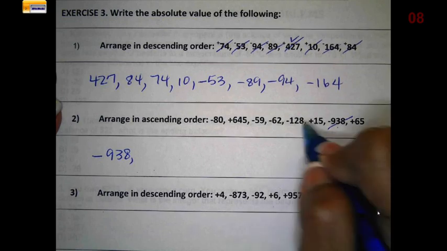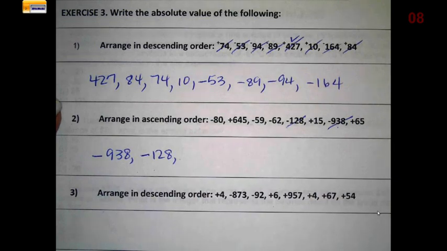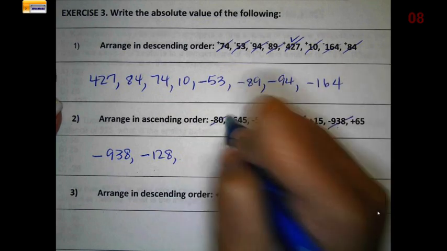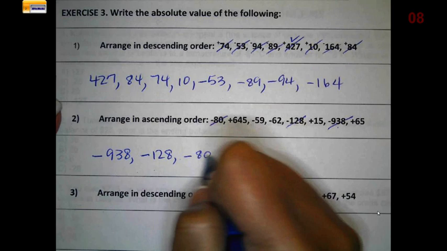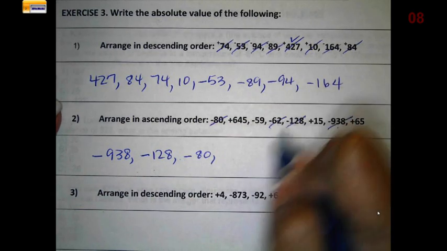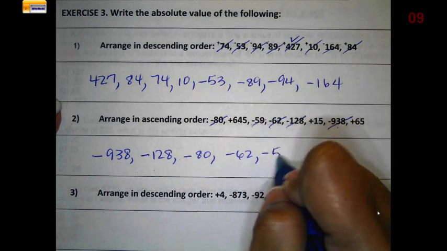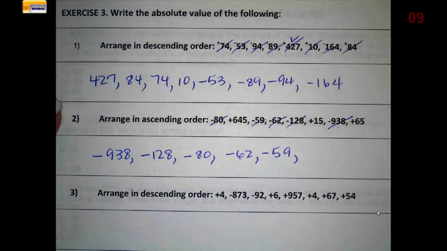Negative 128. Then what? No, no, no. It has to be negative still. No, what about 80? Negative 80. Okay? Then negative 62. Then negative 59. Okay, then what are we going to start with?